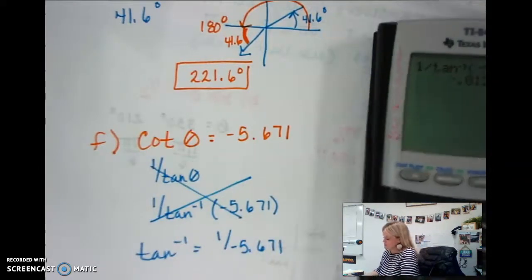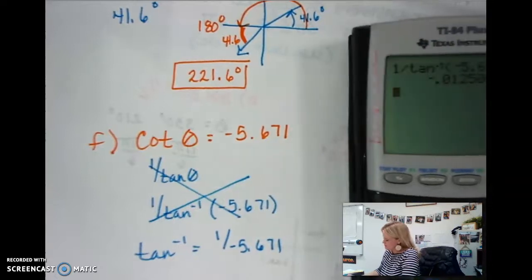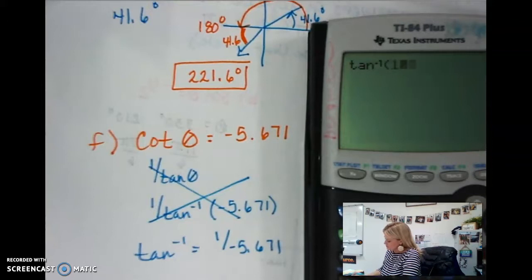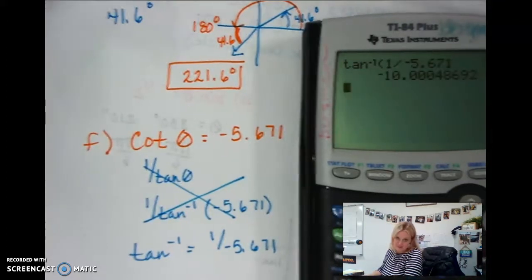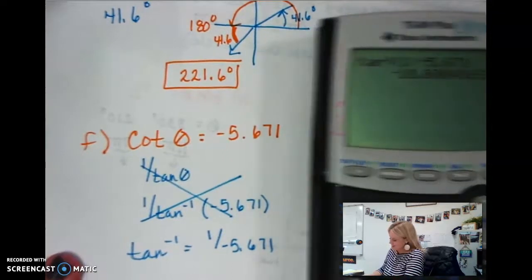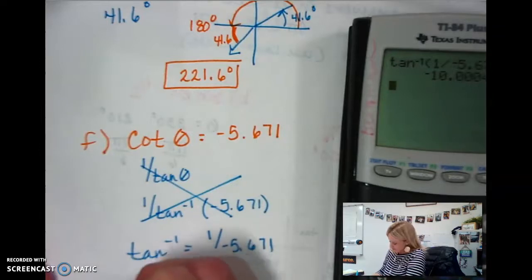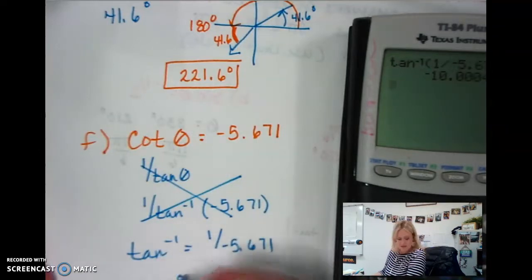Because that just wouldn't make sense, right? So I know I did something wrong. So let's try this again. The inverse tangent of 1 over negative 5.671. That makes a whole lot more sense, doesn't it? Negative 10 degrees, okay? So theta equals negative 10 degrees.